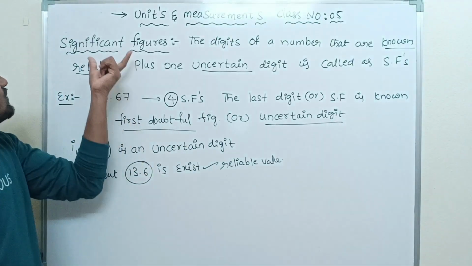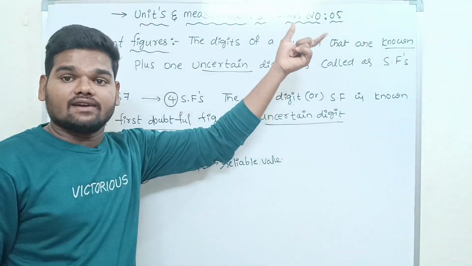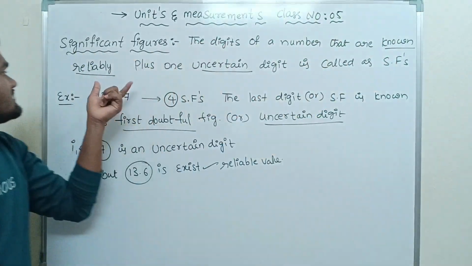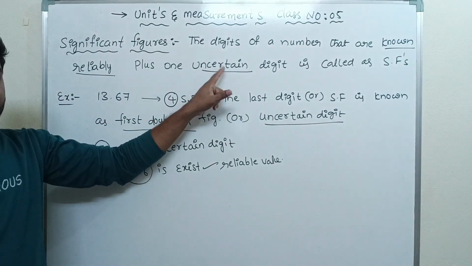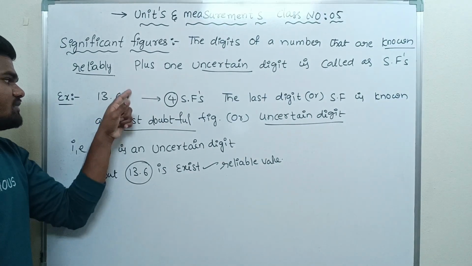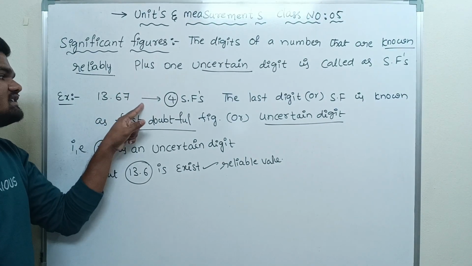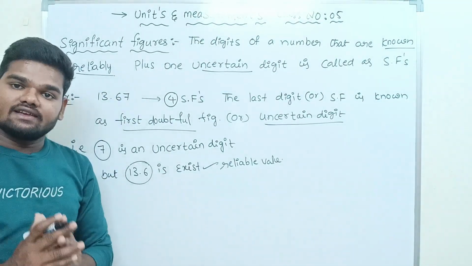Are you getting it? Simply, significant figures are nothing but digits of a number, containing known reliable digits plus one uncertain digit. What is the uncertain digit? The last number. The remaining terms are reliable. Is it clear?